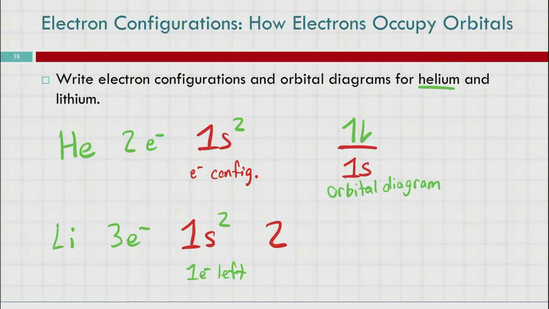Starting with n equals 2, our lowest energy shape is still s. So we're in 2s, our next energy level orbital. And we only have 1 electron left, so we'll put that 1 electron into our 2s. So 1s2, 2s1 is our electron configuration for lithium.